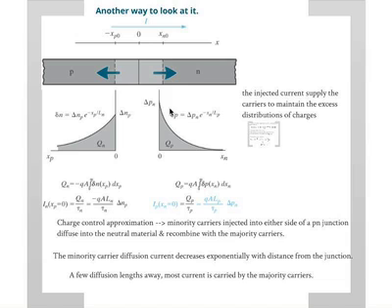Another way to think about it is, there is this region here, which is the excess charges that have been injected across, represents essentially a capacitor, right? Because it's a storage of charge, but it's a time-dependent storage of charge. So you have a region where there's a bunch of holes, essentially positive charges, okay? But it's changing over time.